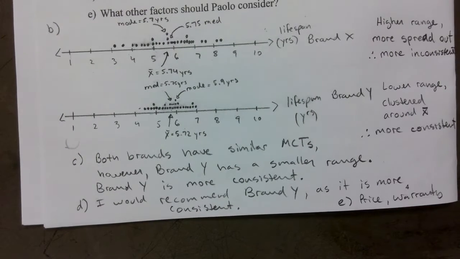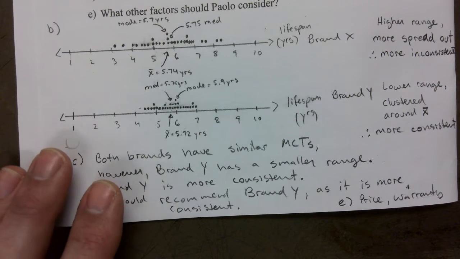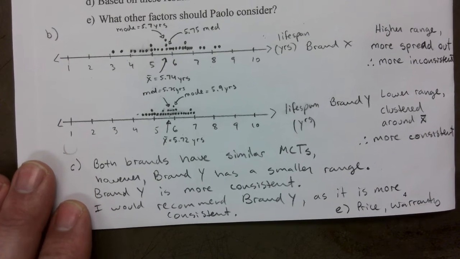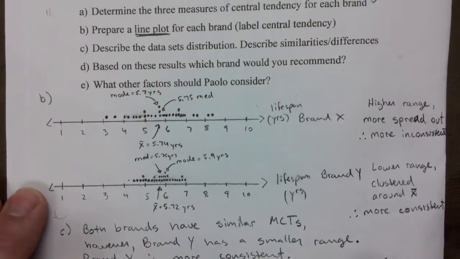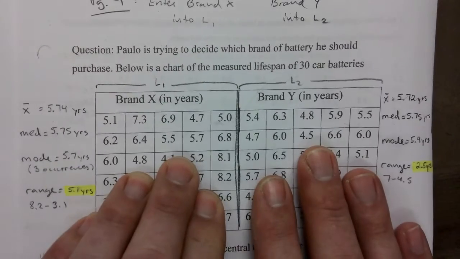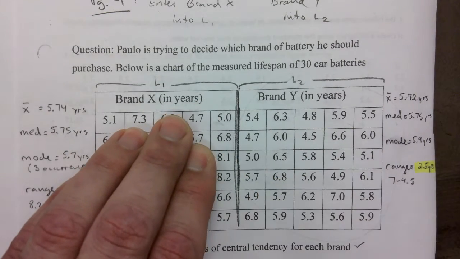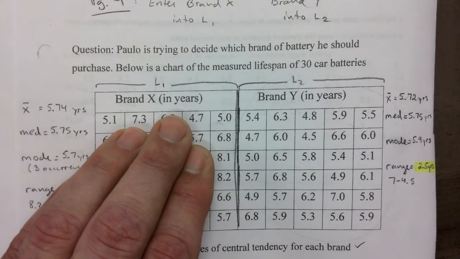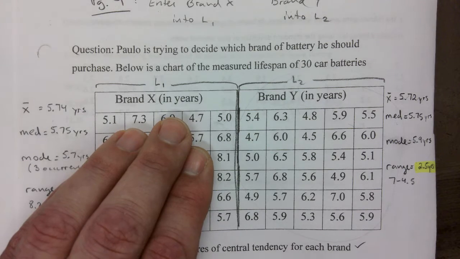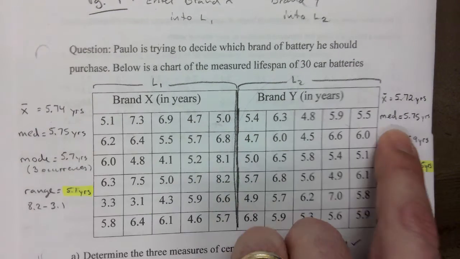This is the kind of stuff that I want you to understand: how can you compare data points by looking at the various factors? I can't go through every single example, but you could have had two different brands where the average lifespan of X is lower, let's say 3 years versus 5.72.